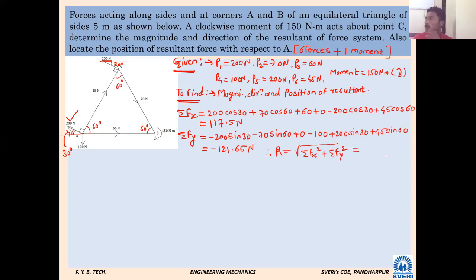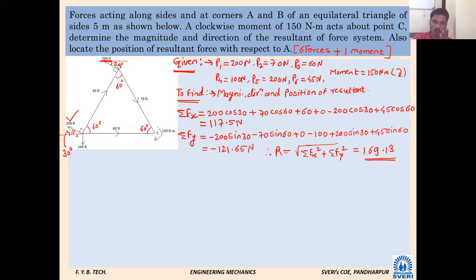What is the value of R? Put the values and tell. 169.13.